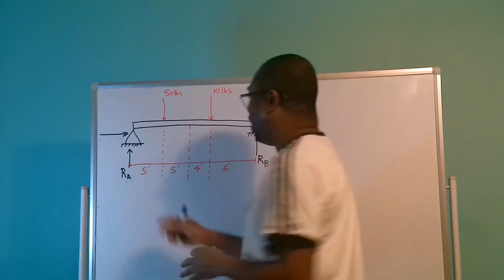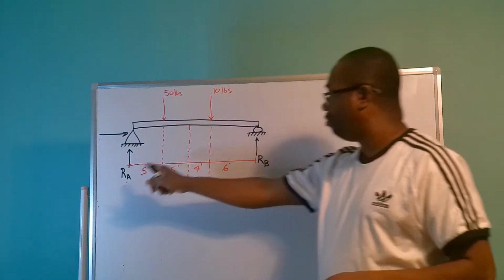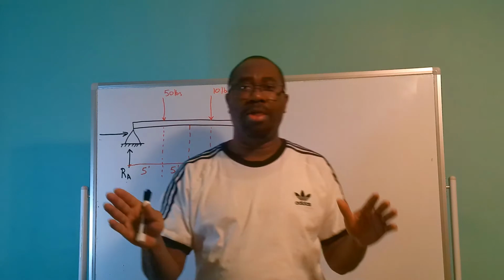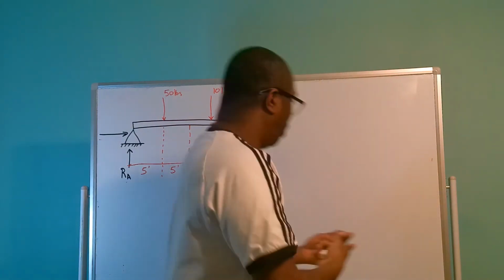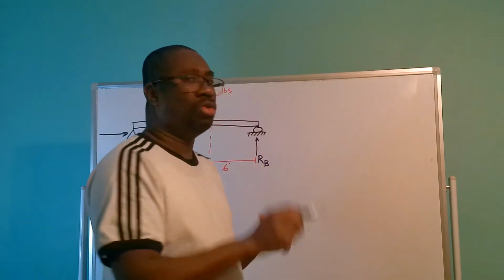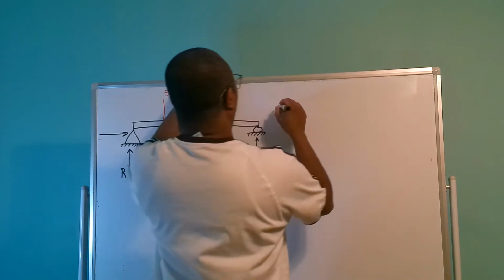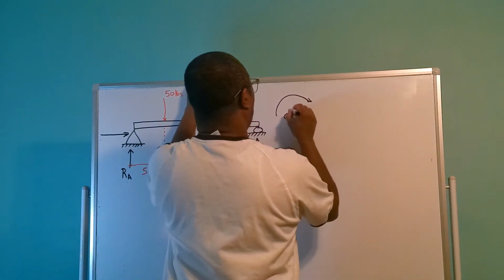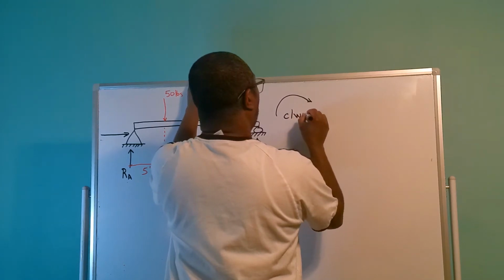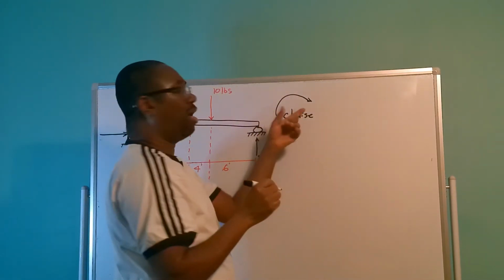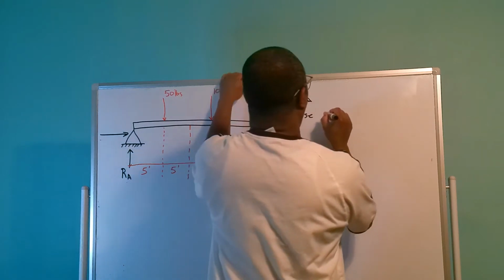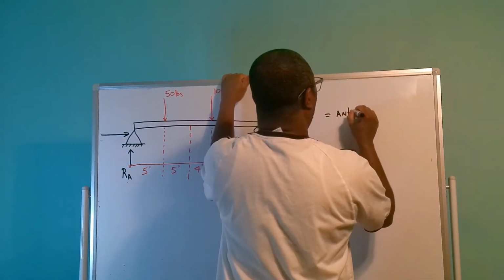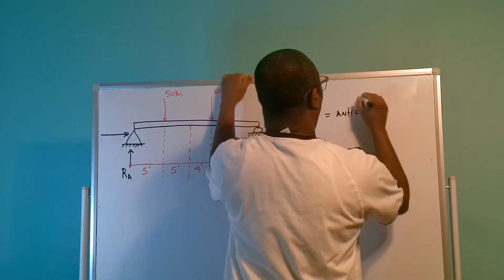So in order to calculate the reaction at A and the reaction at B, we have to sum our moments. And I did mention to you that to sum moments, we are going to sum moments that are going clockwise, and your clockwise moment must be equal to your anti-clockwise moment as well.